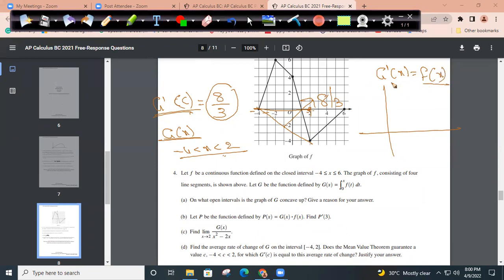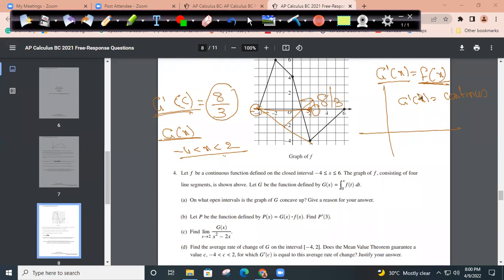So clearly the function f of x is continuous and differentiable in this interval. So G dash of x, f of x is continuous. So G dash of x is continuous. Correct, right?